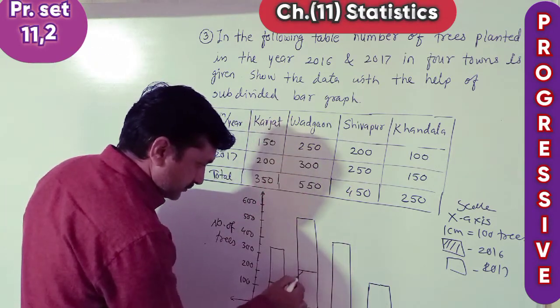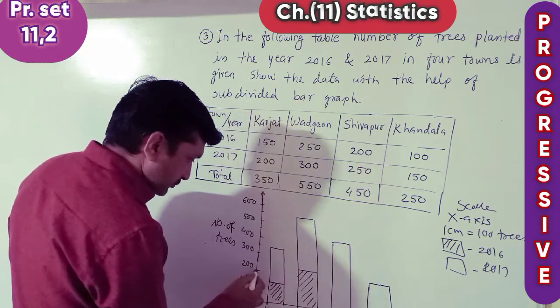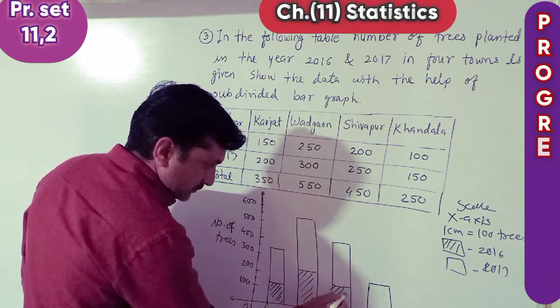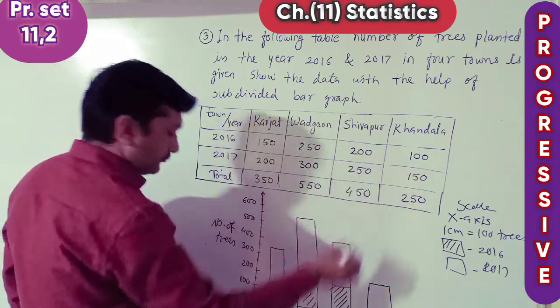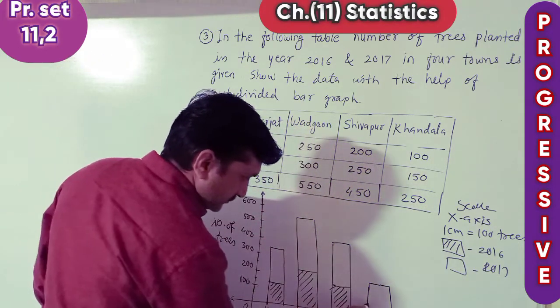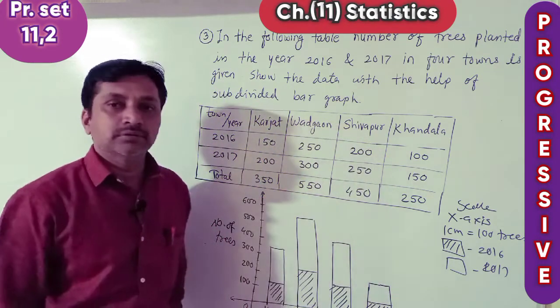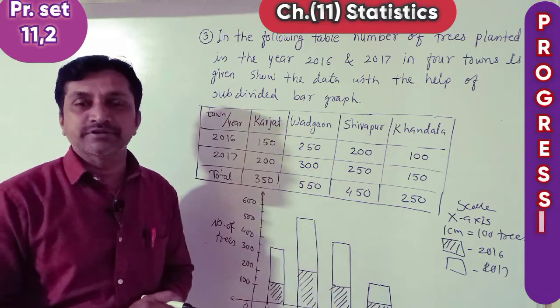Here we have to shade. Then 200. 200 is here. Means we are shading of year 2016. And Khandala 100. 100 is here. Now this subdivided bar diagram is completed.